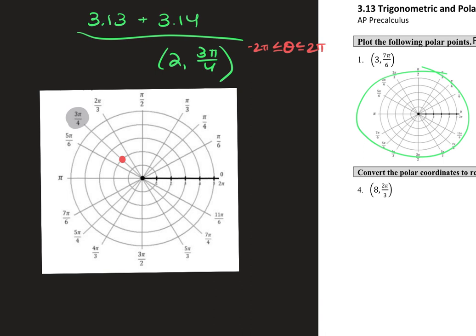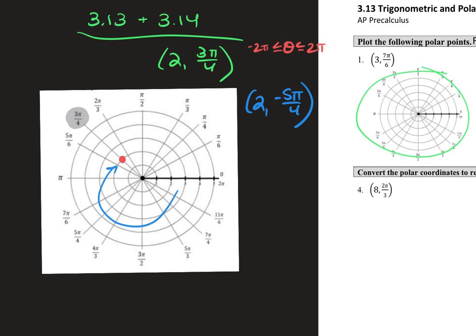I can go forward and get a positive angle, but I can also go clockwise and get a negative angle, and that would be positive 2 for my radius and negative 5 pi over 4.